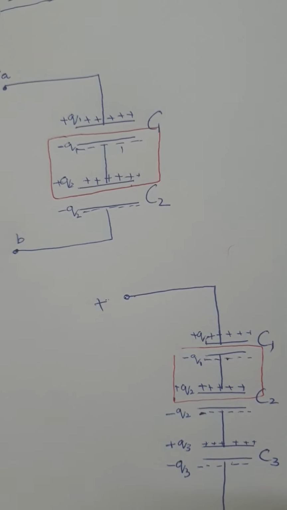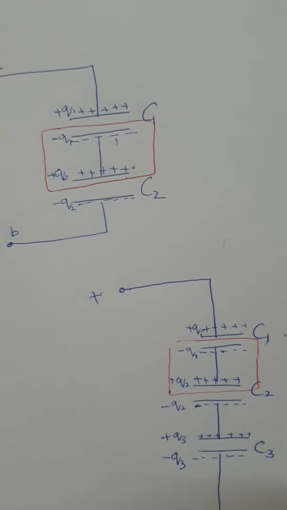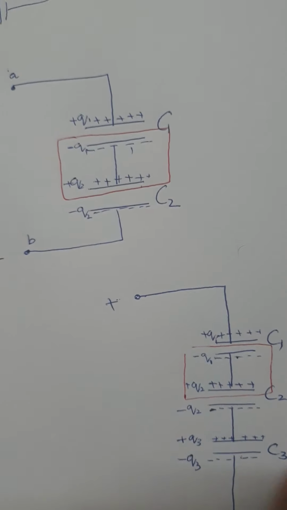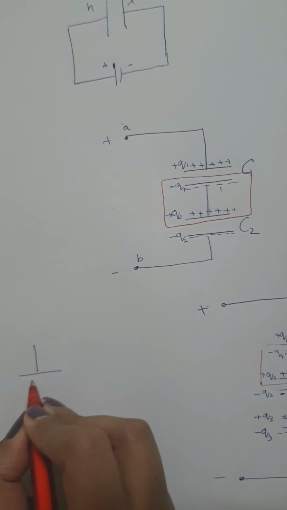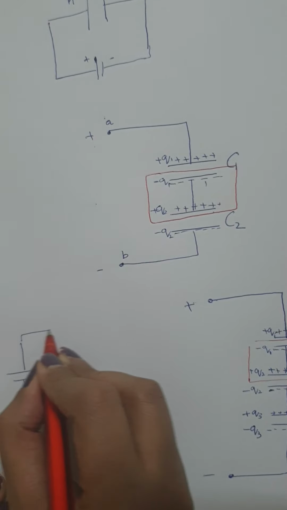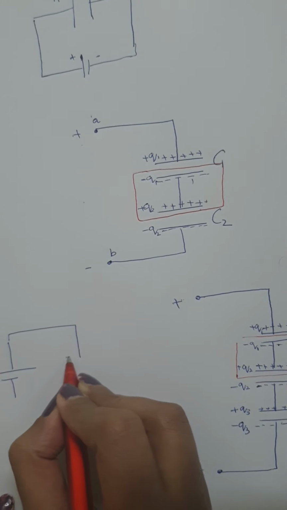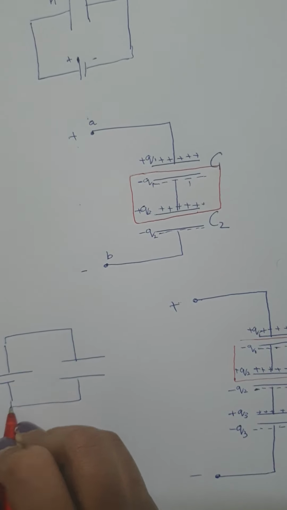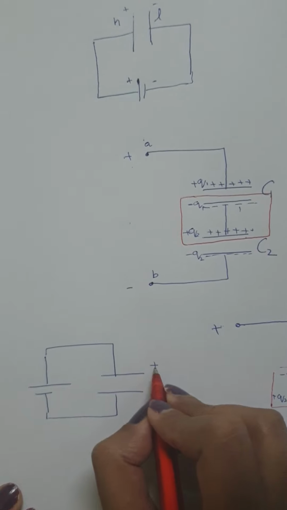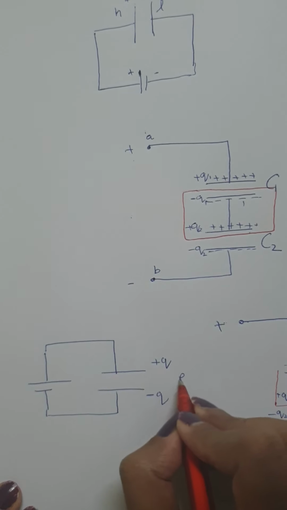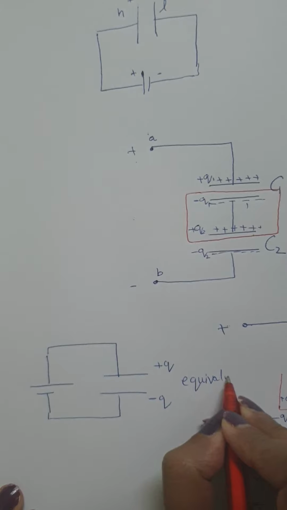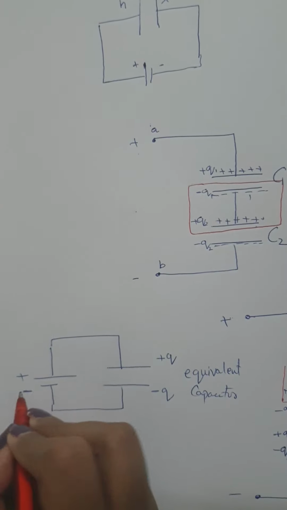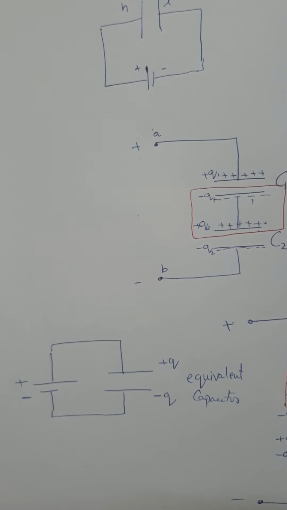Hence, the equivalent capacitor has replaced the three actual capacitors. We can draw it like this, so our circuit becomes this, and this is the equivalent capacitor with the terminals of the battery.